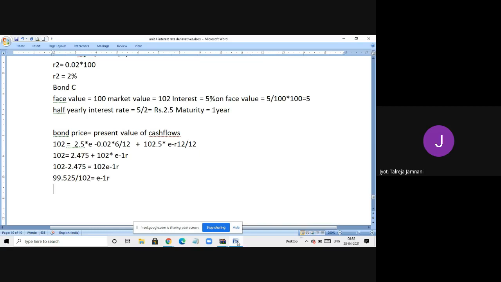If we divide, we get 101.9757. Then, if we take the natural log, e on this side will become natural log. So natural log of 101.975 is equal to minus 1r.